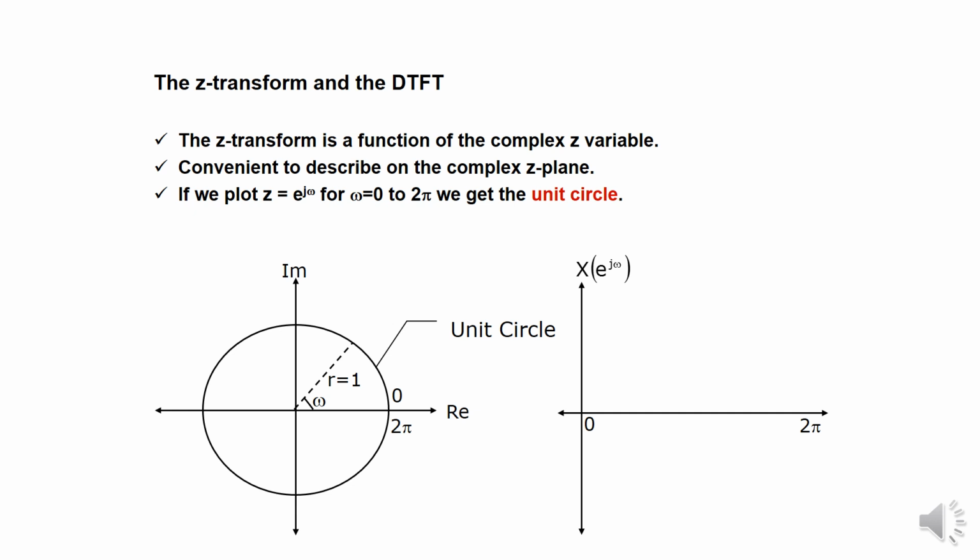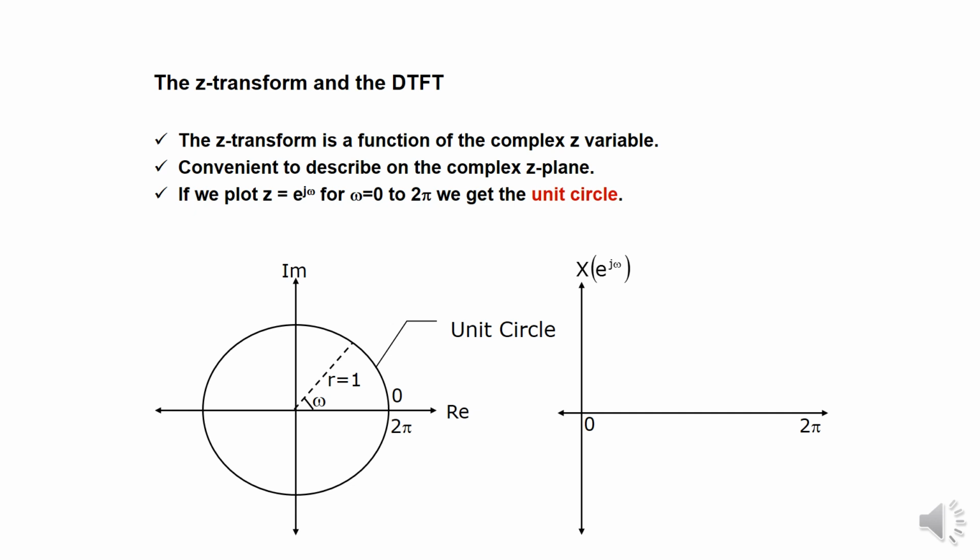On the other hand, if we are talking about the DTFT, the discrete time Fourier transform, the angle ω is from 0 to 2π, right? Then X(e^(jω)) value is on the vertical axis. That is the property.